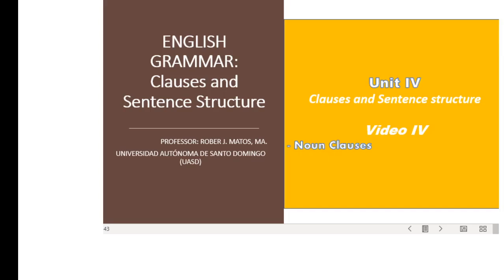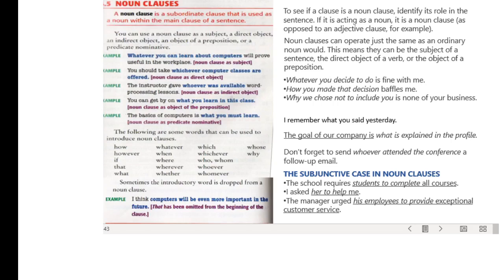Now let's turn to noun clauses. And noun clauses, as I said before, the whole clause functions as a noun and they can take the place of a subject, they can take the place of an object, either a direct object, an indirect object, the object of a preposition, or a predicate nominative. A noun clause is a subordinate clause that is used as a noun within the main clause of a sentence.